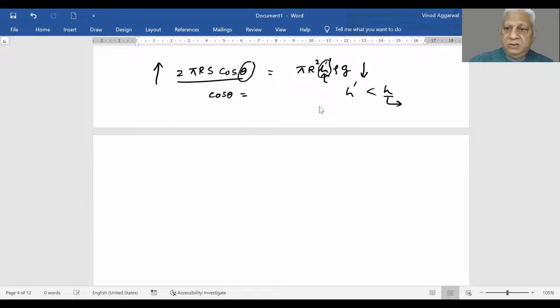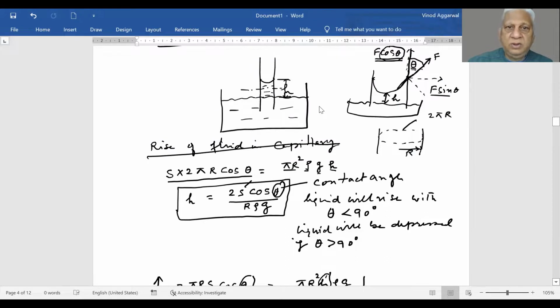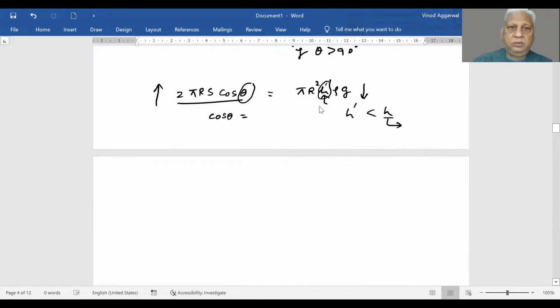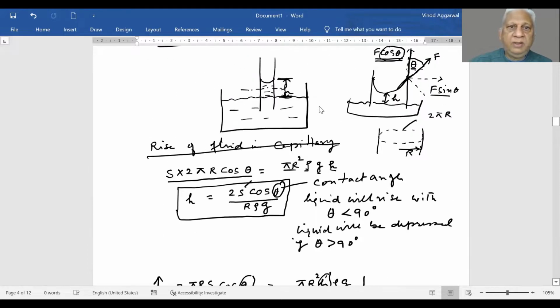This h is the height to which, if we have sufficient length of capillary, it can rise to. So if we have a capillary of insufficient length, which is less than the height to which liquid could rise, the liquid does not overflow.